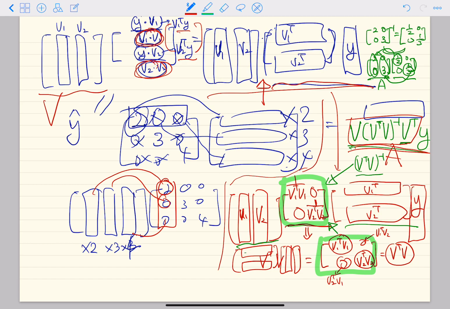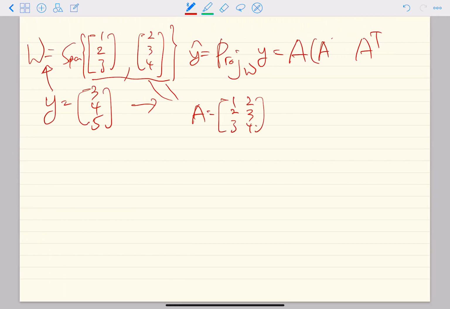You remember this representation, right? A, A transpose A inverse, A transpose, and Y.